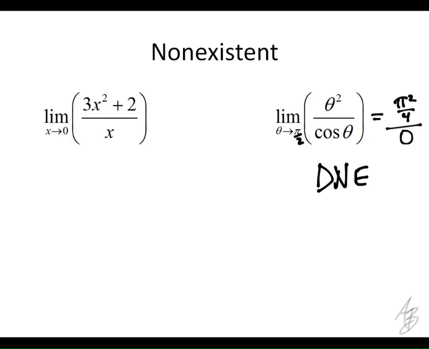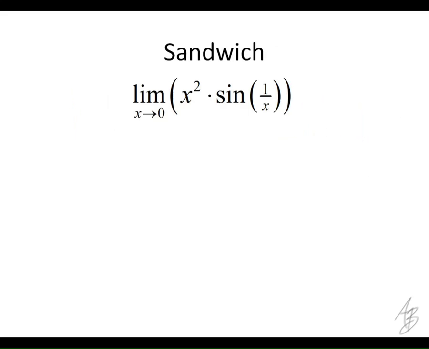So don't write does not exist when you really mean to say there's no solution, or what would be another one that somebody would use it for? Don't know how to do it, or you can't do it. If it's a problem that you can't do by methods that we know, you wouldn't say it doesn't exist. You would say that you can't do it, or however you would say that.